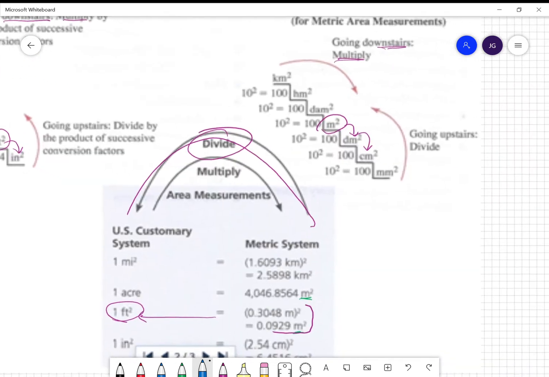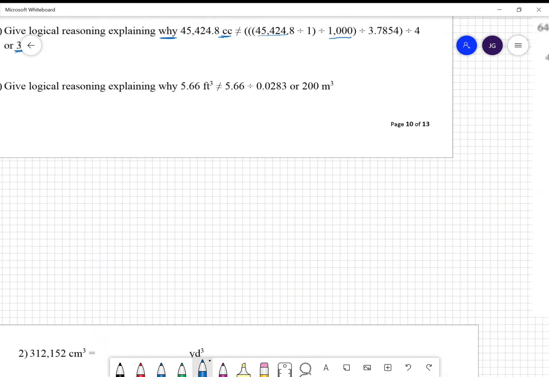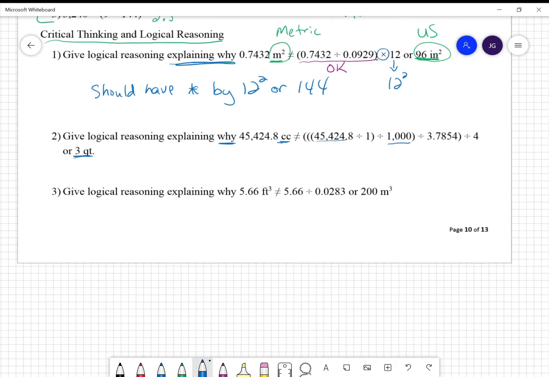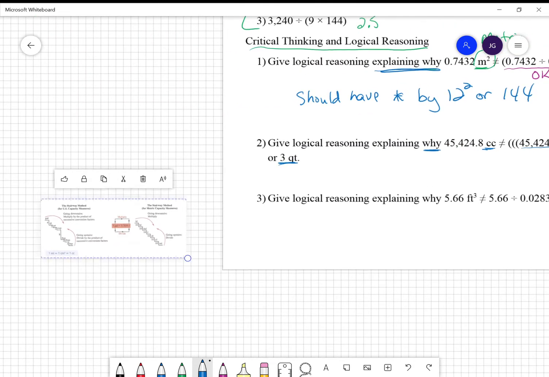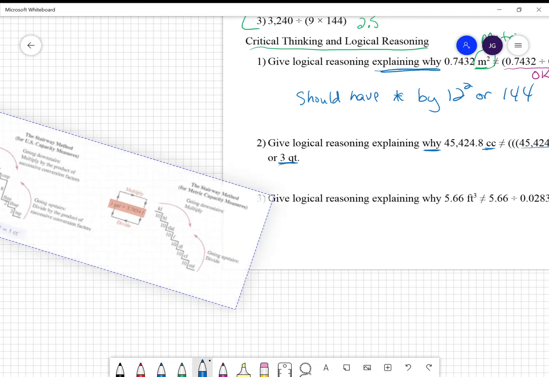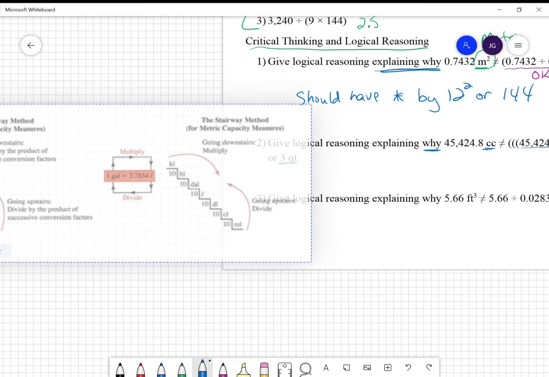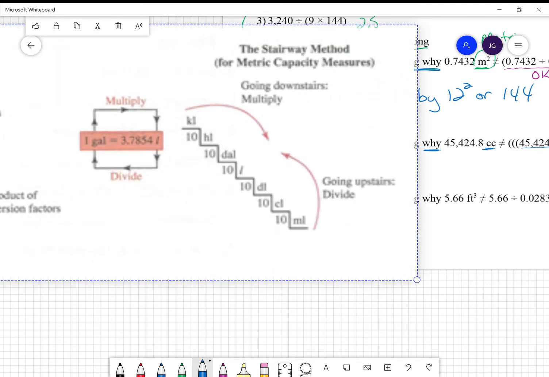They were at milliliters. Okay, this is not the area chart. This is the capacity chart. Let's see if I can make this bigger. All right, that should be big enough.